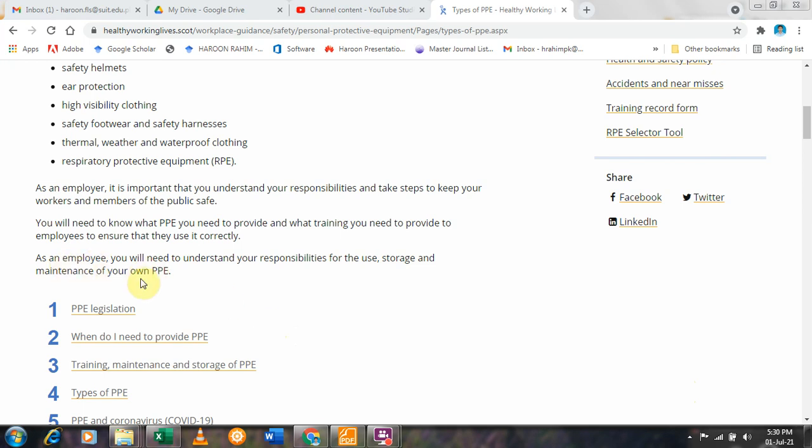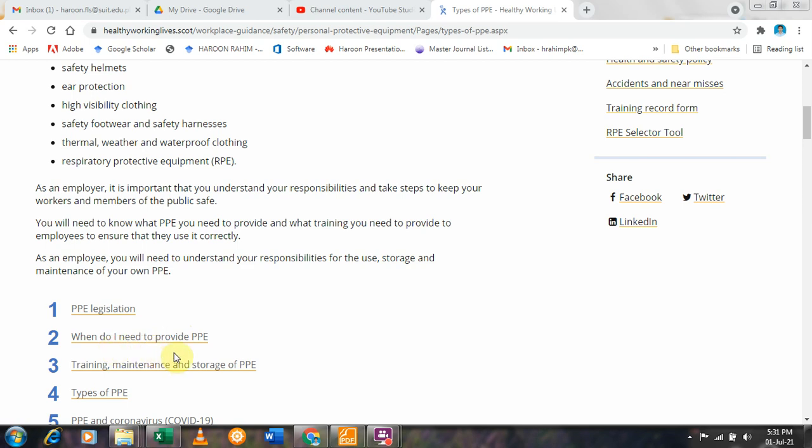As an employee, the responsibility of employees is to understand responsibility for the use, storage and maintenance of your own PPE. They should be properly guided, like the PPE legislation.